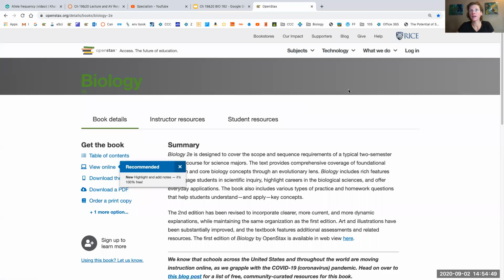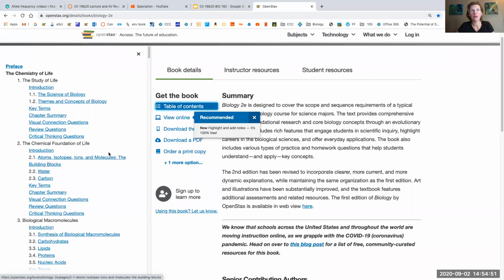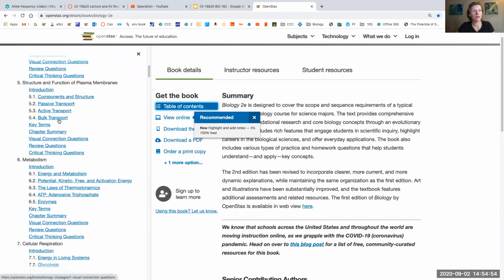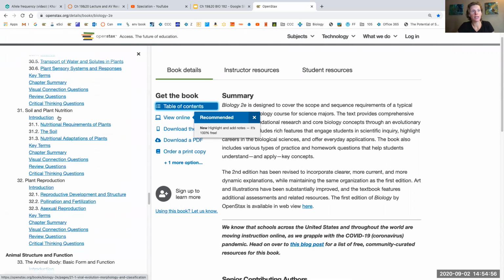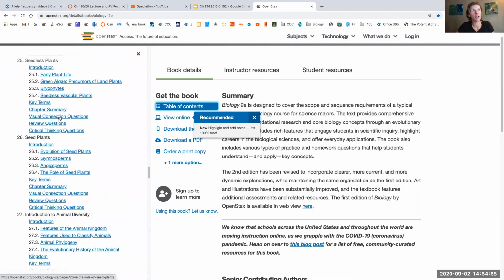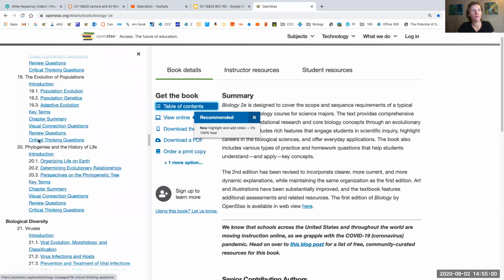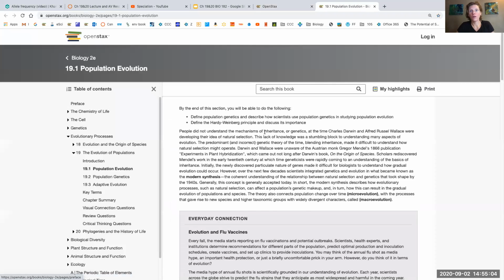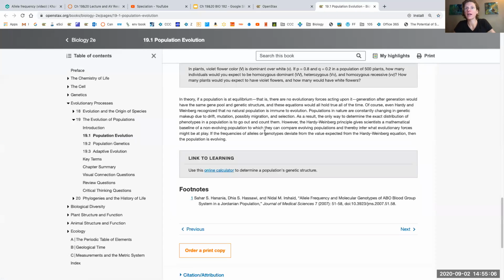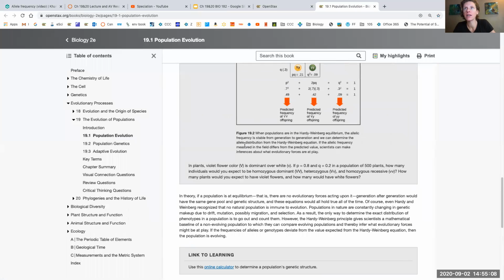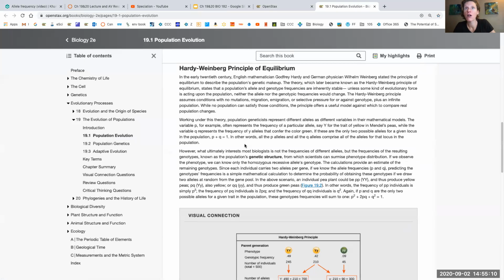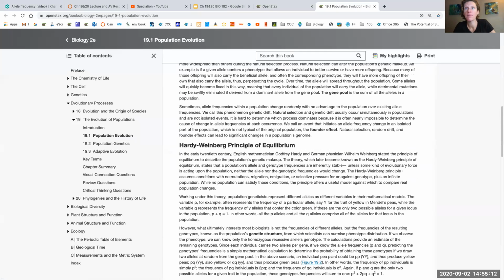Let's see. I'm going to go to my table of contents, and we're in chapter, here we go. So one thing I just want you to go over is the requirements for Hardy-Weinberg equilibrium.